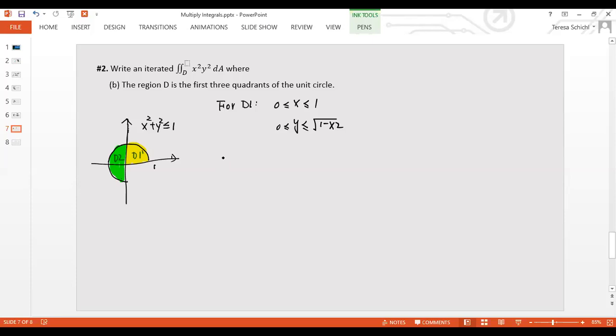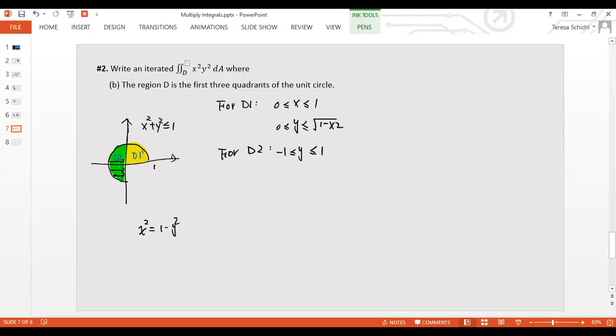All right. Now for D2, this is my green one. If I want to do the x first, the x would go this way and this way. So it all starts with the square root of 1 minus y squared, right? Then what is y? y is from -1 to 1, right? Now let's take a look at x here. x is equal to plus or minus the square root of 1 minus y squared.